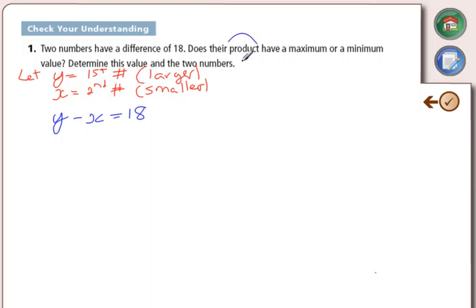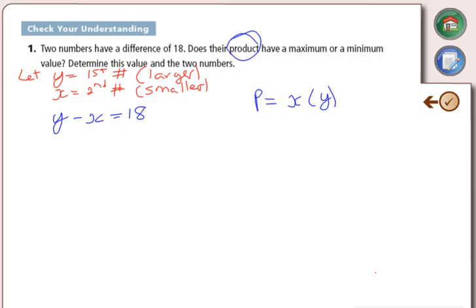Now I'm looking at their product. So I need a product equation to find the vertex on. So product is equal to X times Y. We need to either solve for the y or solve for the x.